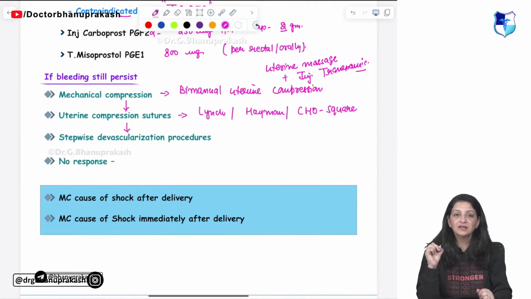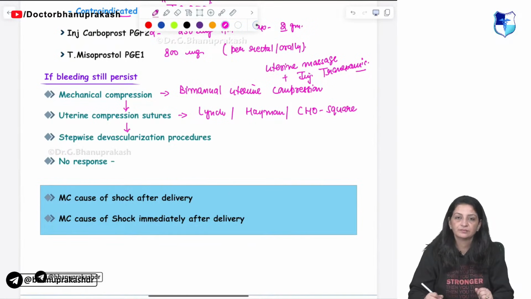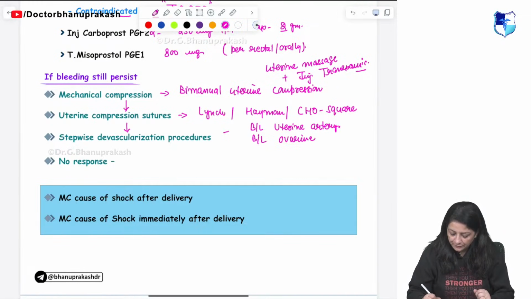If still bleeding, then stepwise devascularization procedures: bilateral uterine artery embolization, bilateral ovarian artery embolization, or embolization of the internal iliac artery.